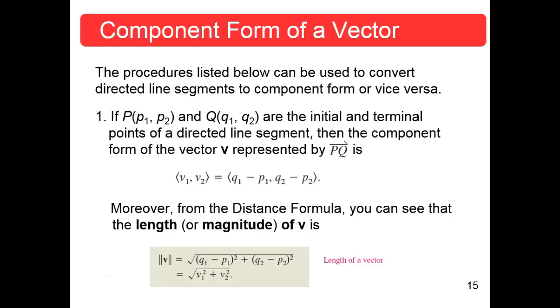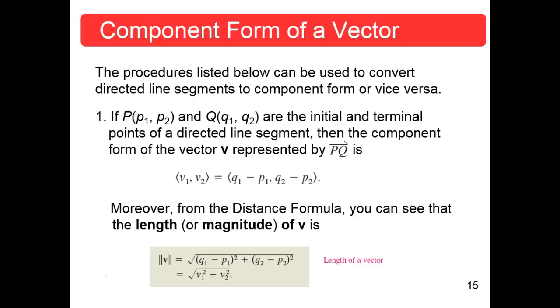And here's point Q, whose coordinates are Q1 and Q2. So they're the initial and terminal points of the directed line segment. Then the component form of that vector V, represented by PQ, where P is initial, Q is terminal. That's what that means. Initial is the first letter, terminal is the second letter. Okay? V1, V2 would then be simply Q1 minus P1 is the first component, Q2 minus P2 is the second.